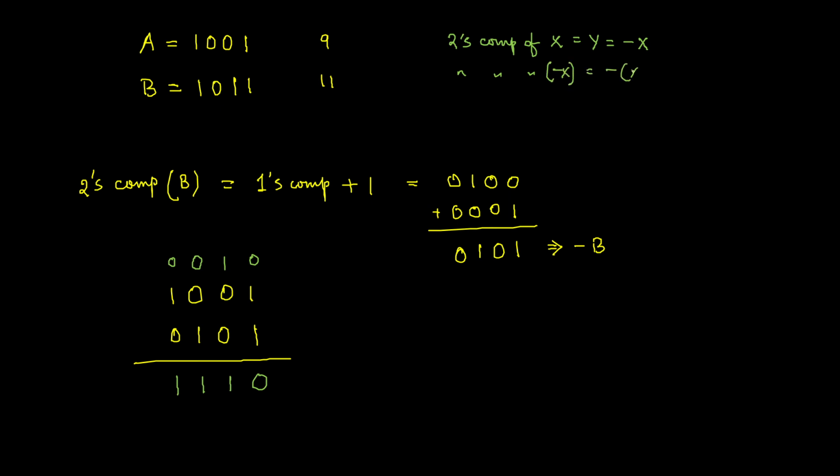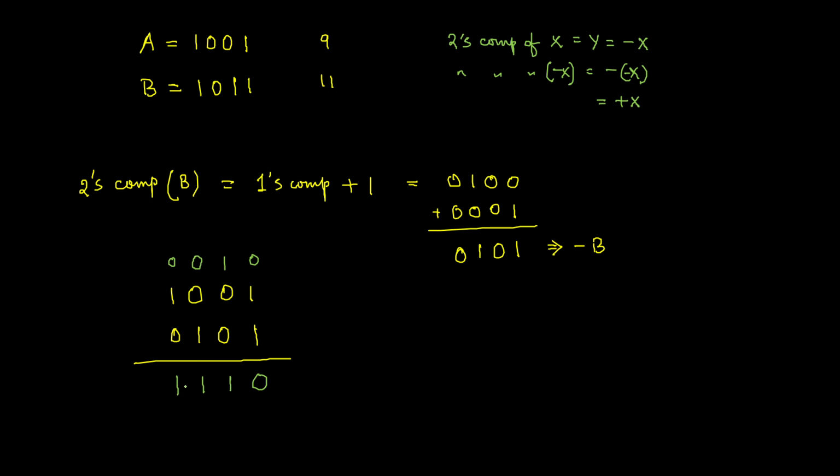Minus of minus x, right? Instead of minus x, it will come minus of minus x. Minus of minus x means ultimately plus x. So that means if you have a negative number and if you do the 2's complement of that negative number, you will find the positive one, the just opposite one. I mean the sign will change, the number remains same.